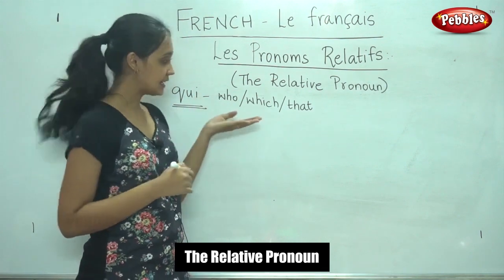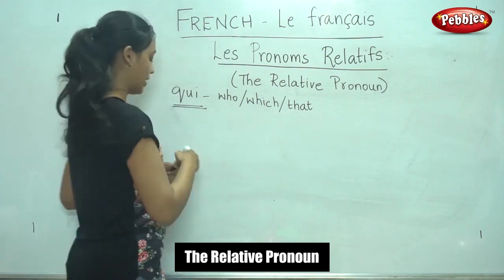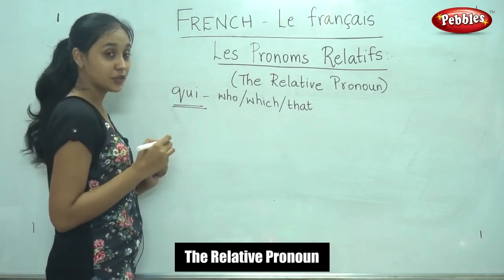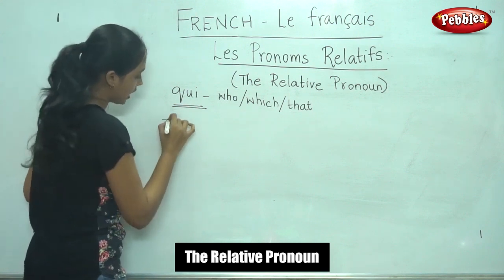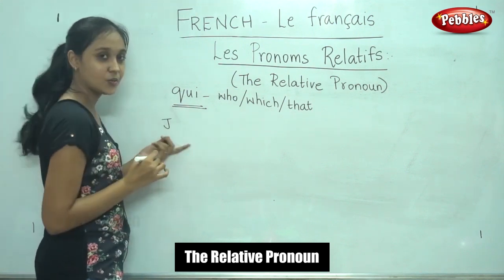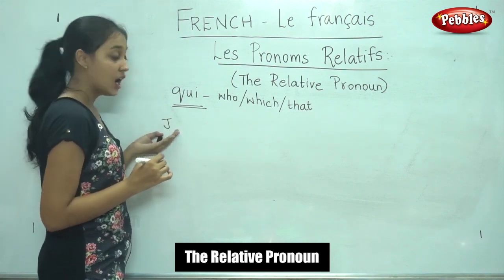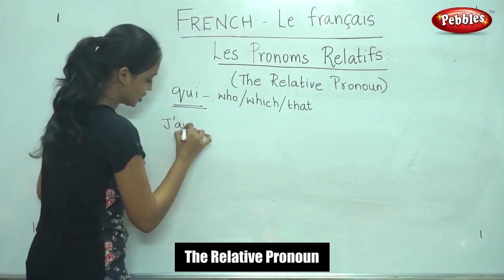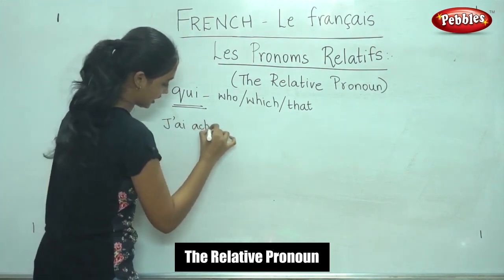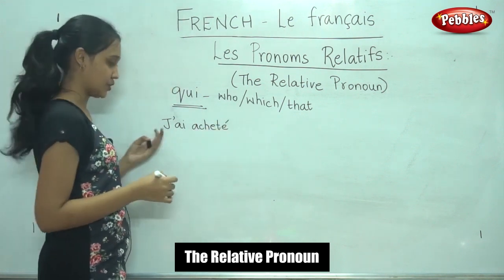So let us take the same example that we took in English. Let us take it in French. So what is the word for computer? L'ordinateur. Yeah. So I bought. We are writing it in the past tense. Do you remember how we wrote I bought in the past tense? J'ai acheté. Right? This is the passé composé.